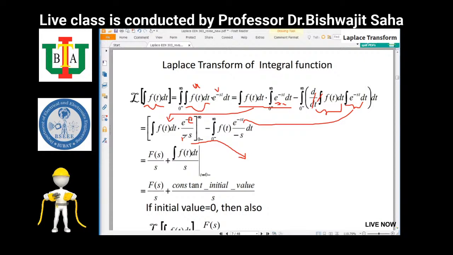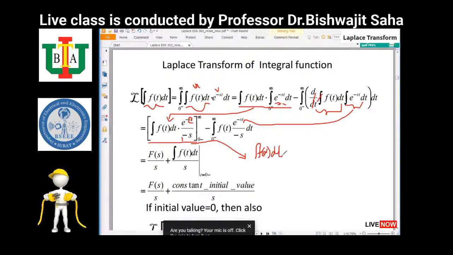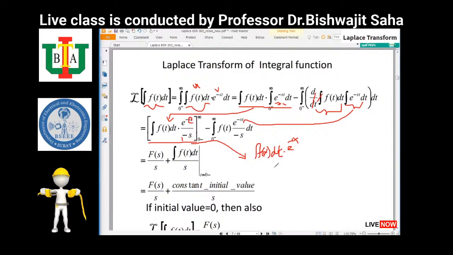I'm doing the first part, keeping this part constant. So integration of f of t, infinity, dt, minus e to the power minus infinity, because infinity multiplied with something is also infinity.